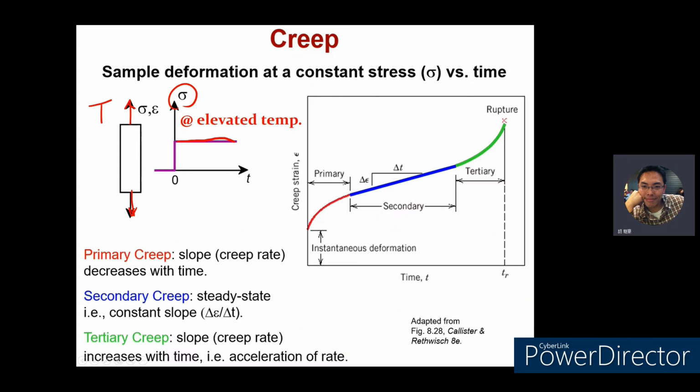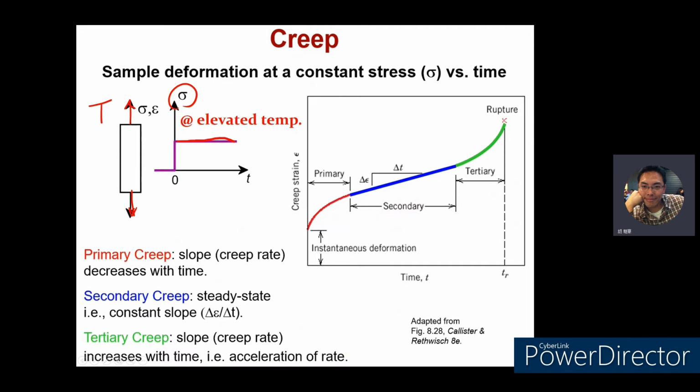If this sample, this rod-like sample, withstands a tensile test at room temperature or ambient environment, and the applied stress is below its yield stress, what's going to happen? Right? Nothing will happen. That means when this stress is released, the length of the sample will return to its original length, right? Therefore, nothing will change.